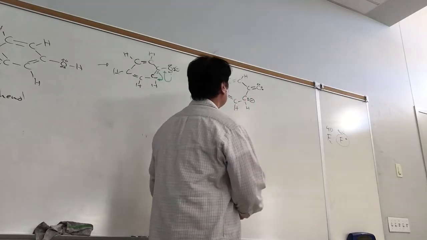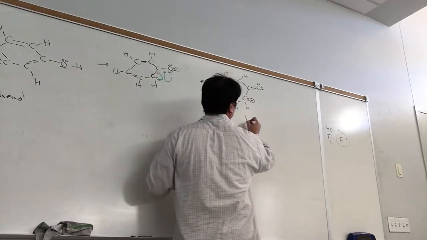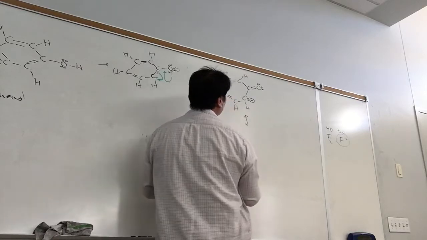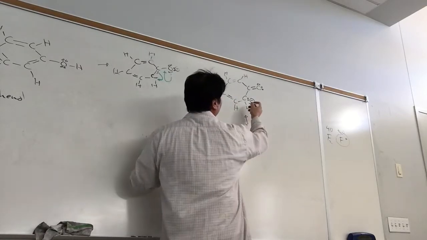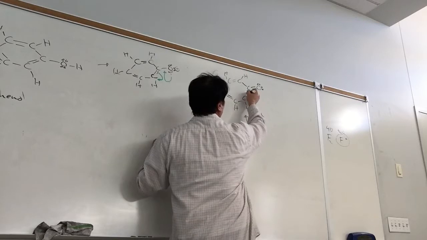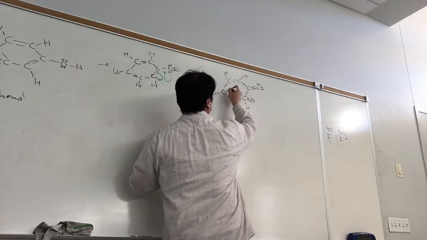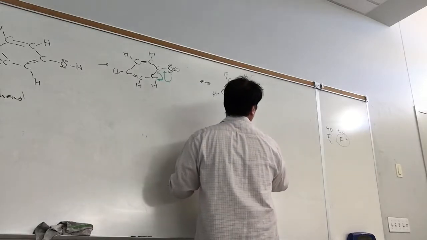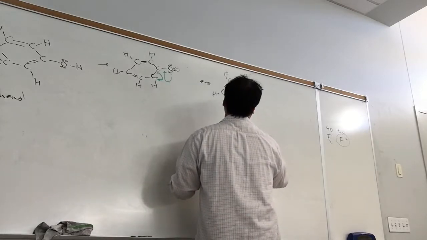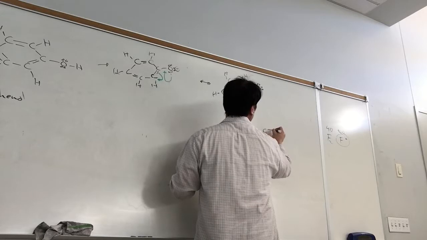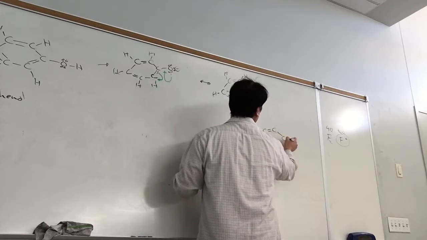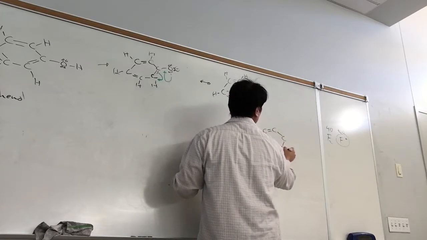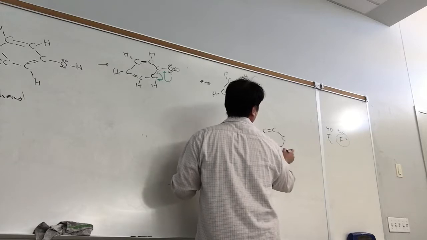But if we think of this as a minor contributor, there are more contributors here. So for example, if this lone pair is pulled into this bond and pushes these lone pair out, we'll end up with this structure here, where we put the lone pair on that carbon position, and then we make this a double bond here.